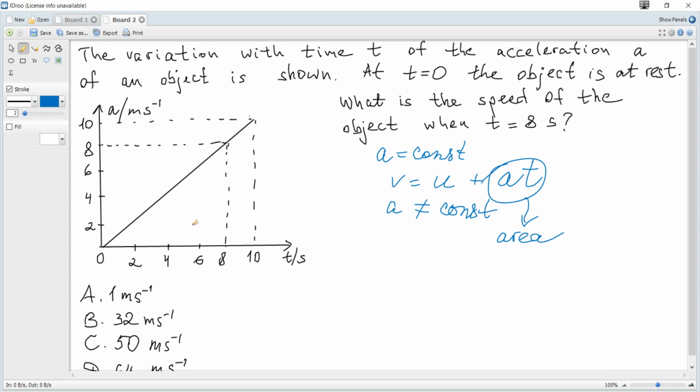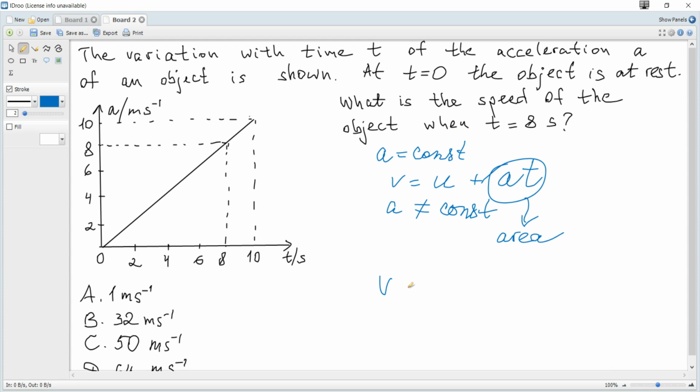So when the curve is below the t-axis, this area should be taken as negative to find the total area, because the total area gives us the change in velocity, not the final velocity, but the change in velocity. It's the equivalent of a times t when acceleration is constant.